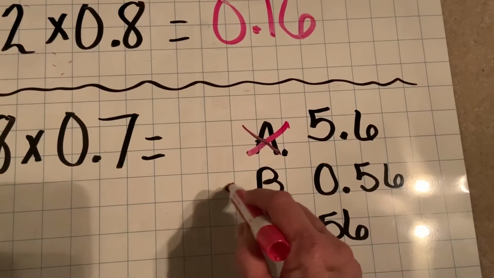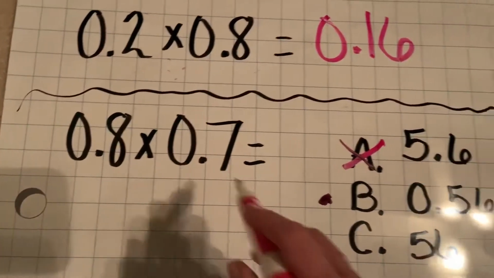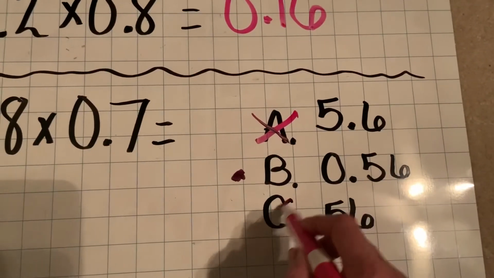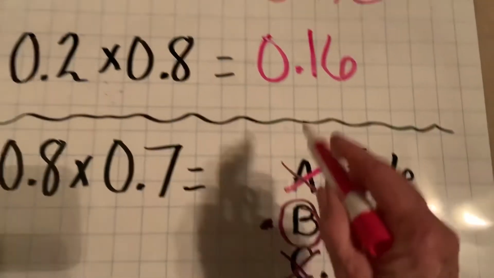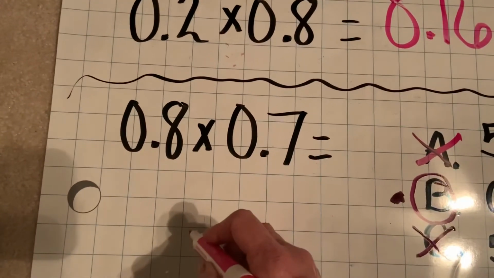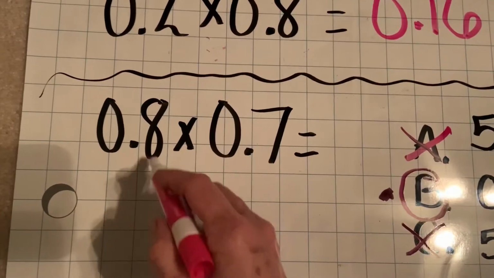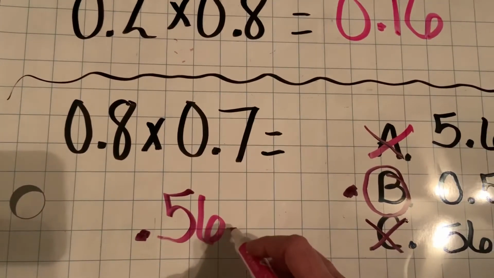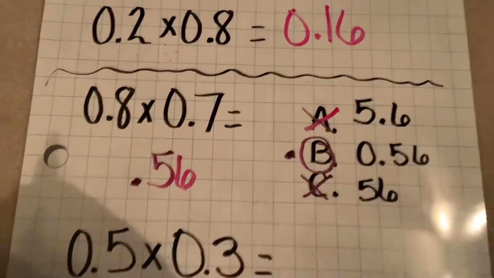That could be my product. What about 56? That is greater, and I know it needs to be less than both of my factors. And if I go back to what I did up here, 8/10 times 7/10 equals 56 hundredths. So therefore, in the product, you move the decimal 2 places to the left.